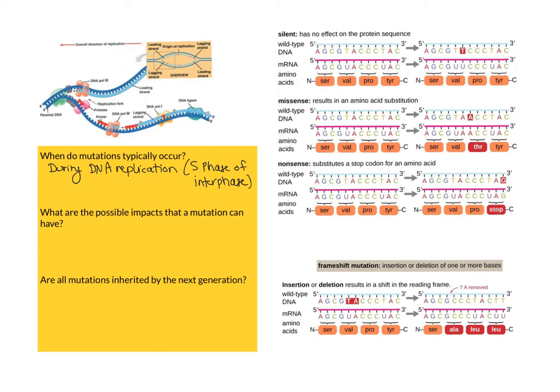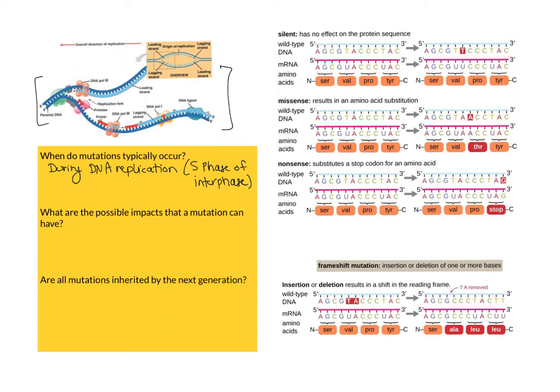So the S phase preceding mitosis or meiosis is where this DNA replication occurs. And as those leading and lagging strands are being copied, there can be a variety of errors that occur as DNA is being synthesized.